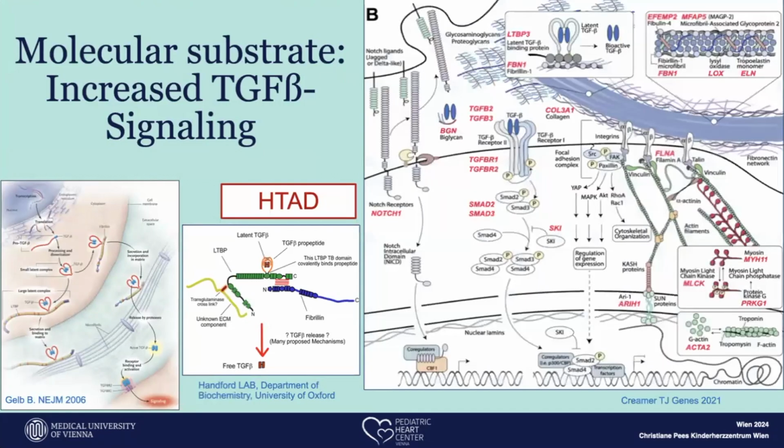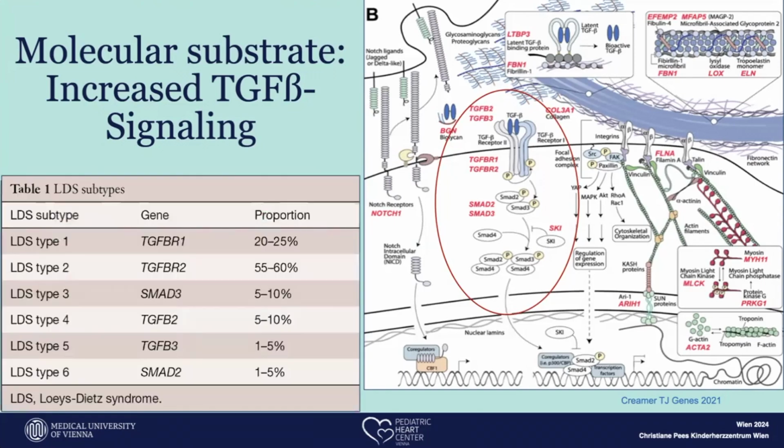If fibrillin is destroyed or is built up improperly, TGF-beta can be freed from the TGF-beta binding protein and react to its receptor here in the picture, and can activate the cascade of the TGF-beta receptor 1 and 2 complex by activating SMAD2, 3, and so on. And all these parts you can see are parts of the Loeys-Dietz problem.